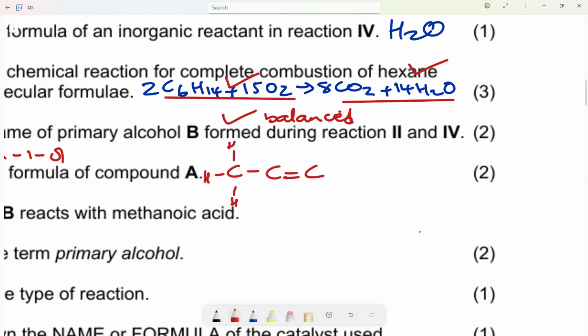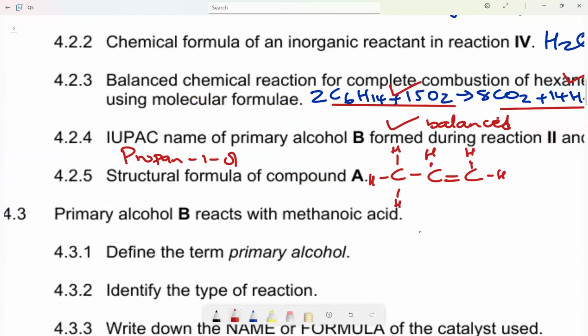When I need to draw, I need to include all the hydrogens needed. I'm done.